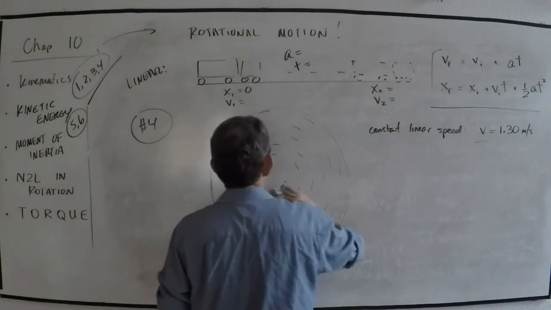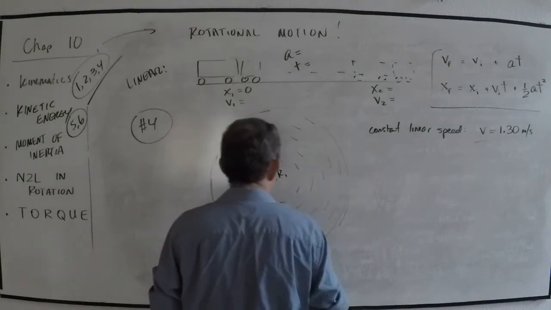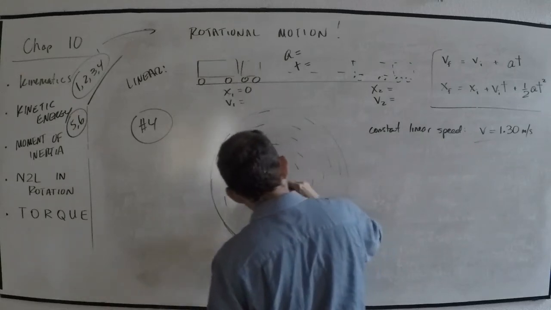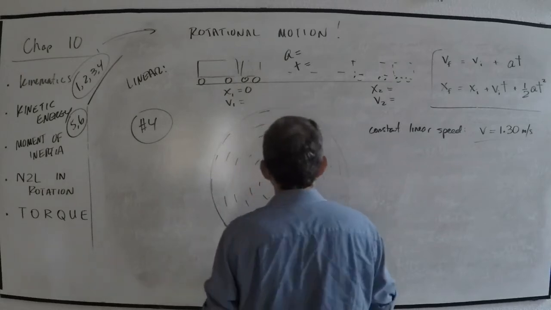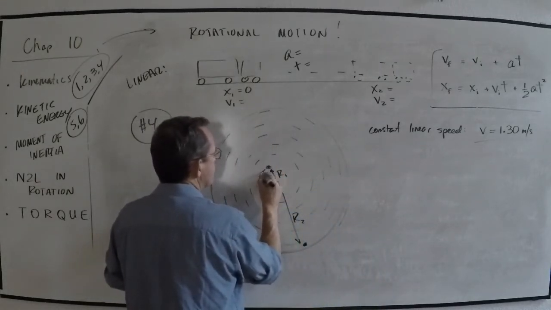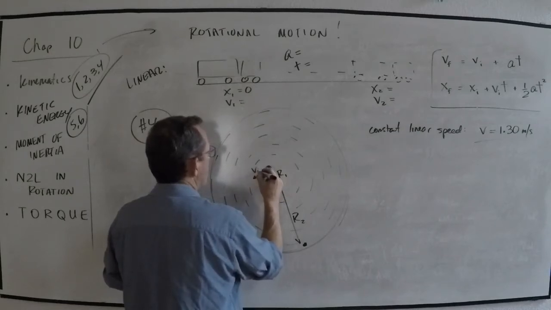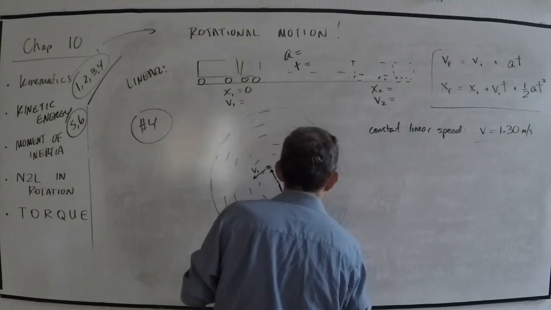So I'm going to call this R1, and they give you R1, and I'm going to call this R2, and they give you R2. I'm also going to say that this is V1, and this is going to be V2.